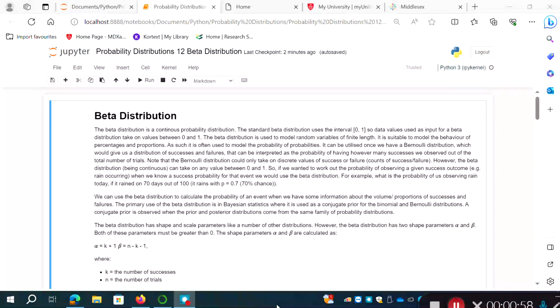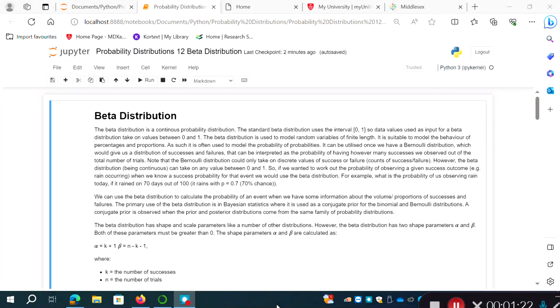So it can be utilised once we have a Bernoulli distribution, which would give us a distribution of successes and failures that can be interpreted as the probability of having however many successes we observed out of a total number of trials. Remember, Bernoulli trials were like coin flips with success or failure.